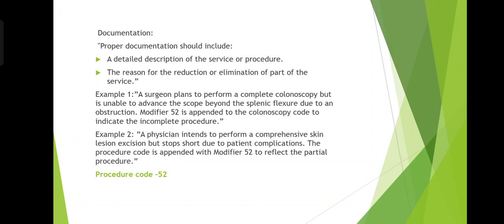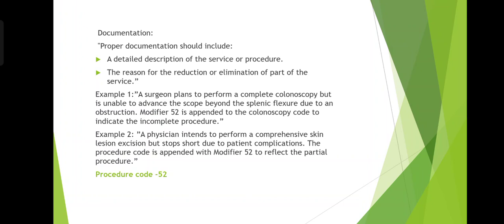Okay. So here you see, a surgeon plans to perform a complete colonoscopy but is unable to advance the scope beyond the splenic flexure due to an obstruction. So modifier 52 is appended to the colonoscopy code to indicate the incomplete procedure. Okay.